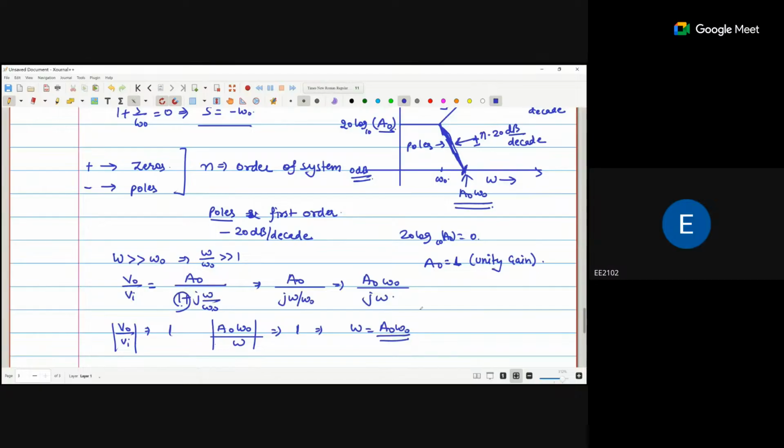Because at omega equal to A naught omega naught, the magnitude is 1. We already saw that this particular point is called unity gain. So gain is 1, which means omega is equal to A naught omega naught. So this point is also called A naught omega naught.